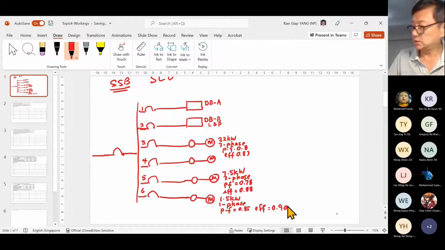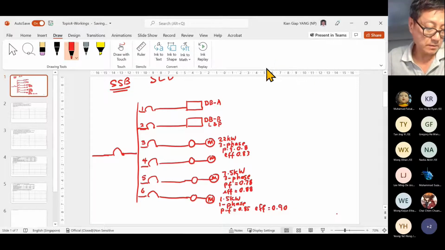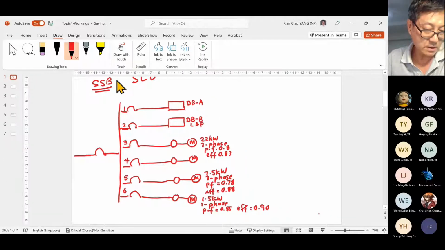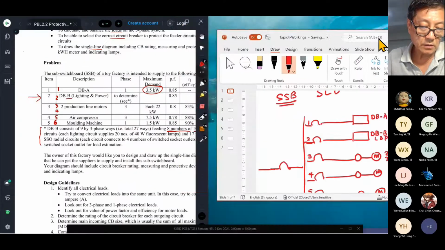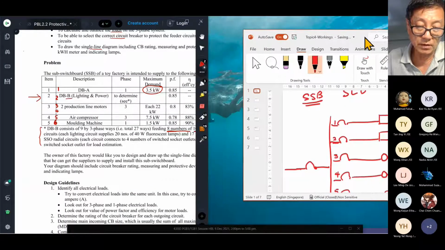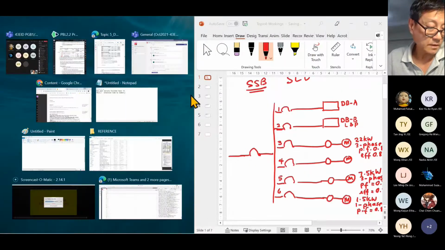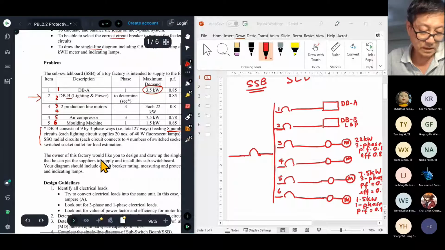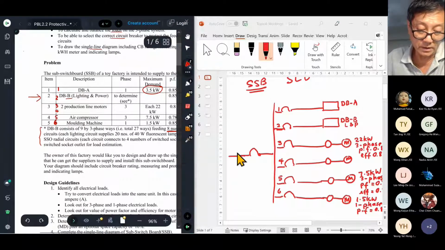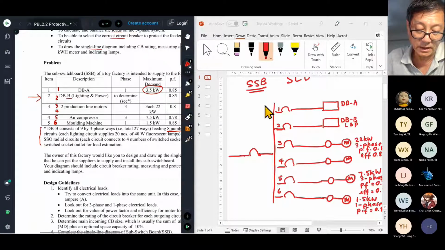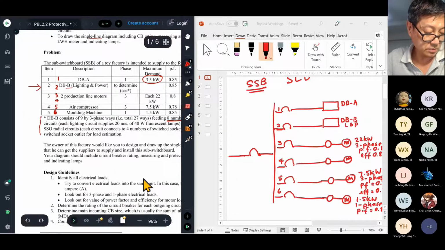Right, so based on this information, let's create more space. I need to do some calculations, because my objective is to gather enough information to finally draw this single line properly with all the required information inside.